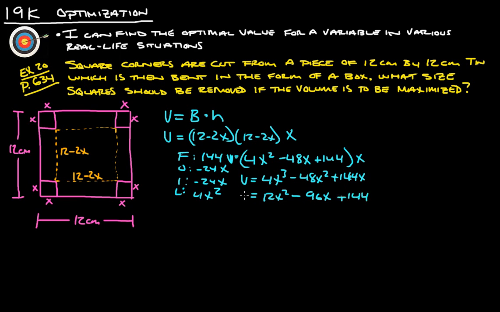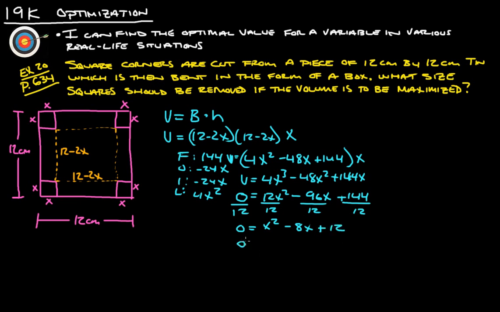And again, if we're trying to maximize, we know that the slope of the tangent is going to have to be 0. So now we just want to solve this. All of these have a factor of 12, which is going to make our life so much easier. So let's just divide everything by 12, and we get 0 equals x squared minus 8x plus 12.